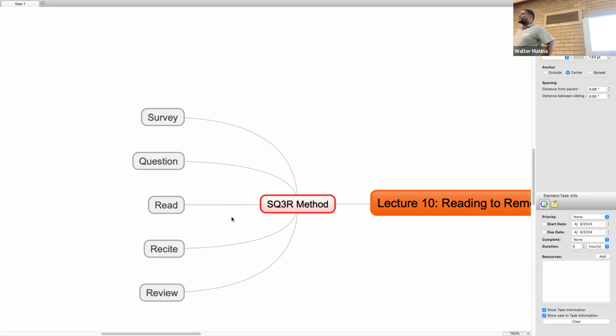So another question would be, if you then recite, do you read, put it away, and then recite without looking at the information? What do you do? All right. What I personally do is, as I am reading, I am writing my notes. And my notes are not just points from what I've read, because I go beyond the points. I go into the implications of what I have read.